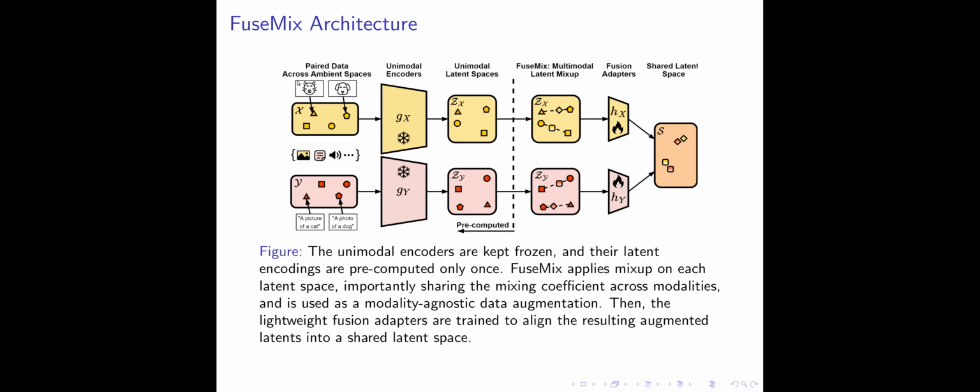We therefore propose our framework FuseMix, which addresses these limitations. The main idea behind FuseMix is to leverage existing pre-trained unimodal encoders and use modality-agnostic data augmentations on latent space to enable compute and data efficient training. Since FuseMix is agnostic to the choice of unimodal encoders, we can combine arbitrary encoders, making it a plug and play framework.